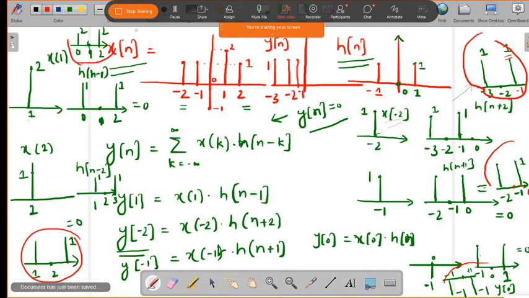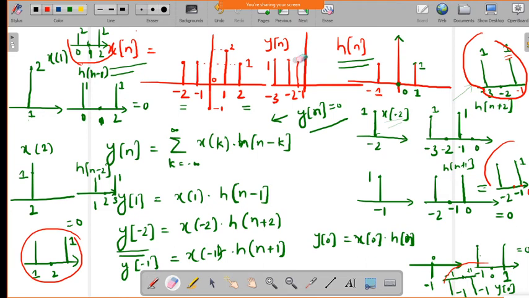So in this case it will become 0, at minus 1 it will be having 0.